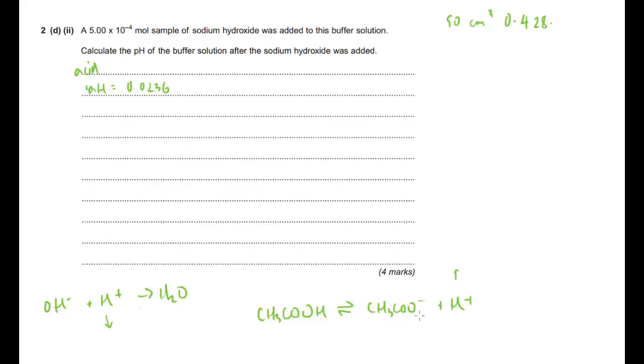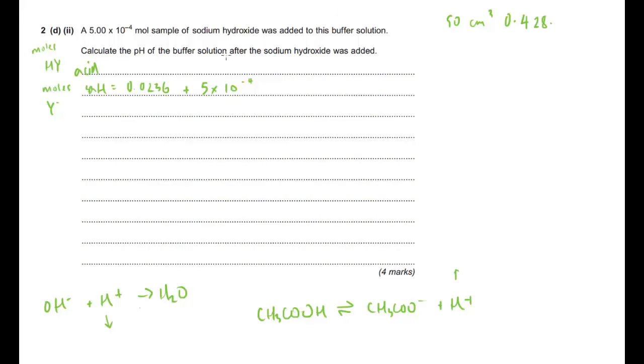It would also give me 5 times 10 to the minus 4 extra moles of this. Therefore, my salt will go up by 5 times 10 to the minus 4 moles. This is the moles of salt, Y minus, and the acid was HY. So that's going to go up by 5 times 10 to the minus 4.